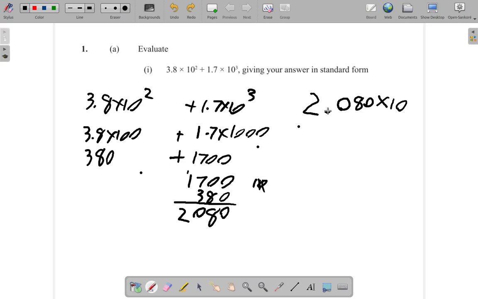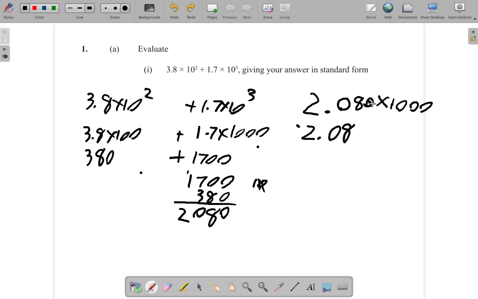What must you multiply 2.08 by for it to become 2,080? It's by 1,000, of course. So you will multiply by 1,000. Let's call this times 1,000. But this is the same as 2.08.